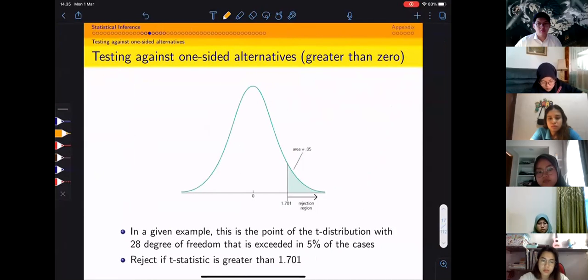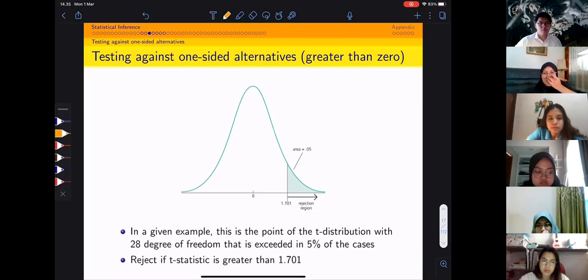The critical value depends on the number of observations in the sample, or basically the sample size. It also depends on the number of variables used in the regression. So basically, it depends on the degrees of freedom. We're going to use the student t-table to determine the critical value. In this particular case, the point of the t-distribution with 28 degrees of freedom is 1.701.